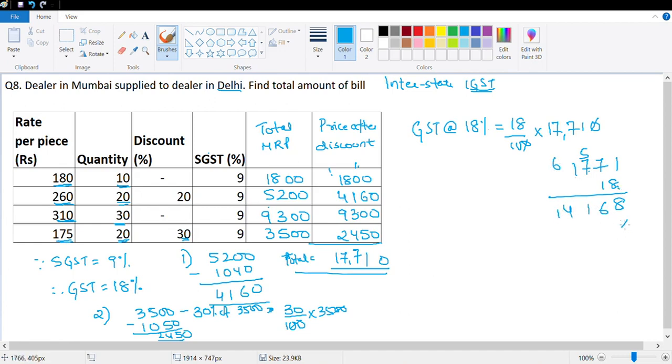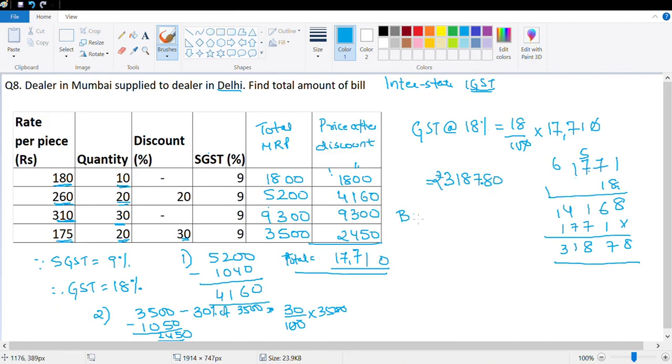That's 1,771. 8, 6 plus 1, 7. 8, 7 plus 4, 11. This is 31,878. So this is 31,878 divided by 10, which means 3187.8 with a 0. And this is in rupees.